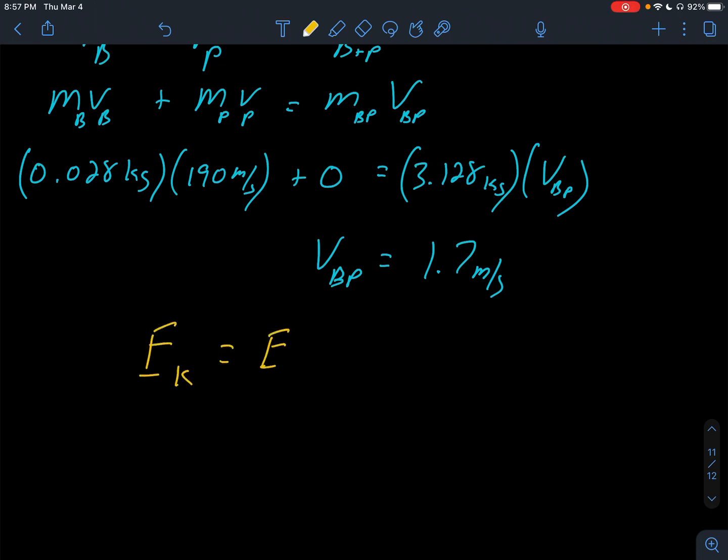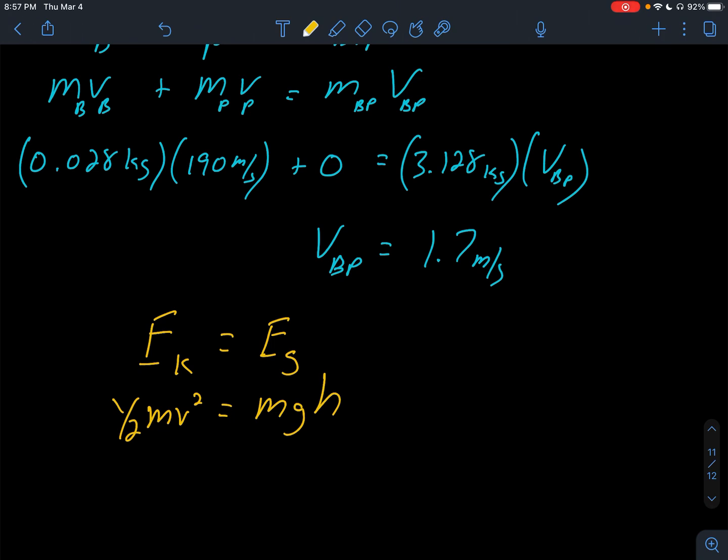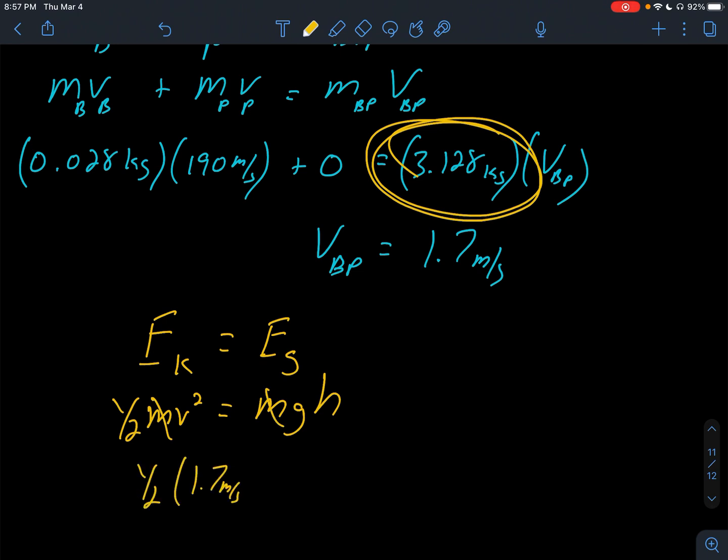Kinetic to gravitational, so 1/2 mv squared, we could see it's a mass party. But just note, if you were to plug in the mass, it would have to be that combined mass of both objects. So that's gone. So 1/2 our velocity that we calculated. I'm going to use 9.8.